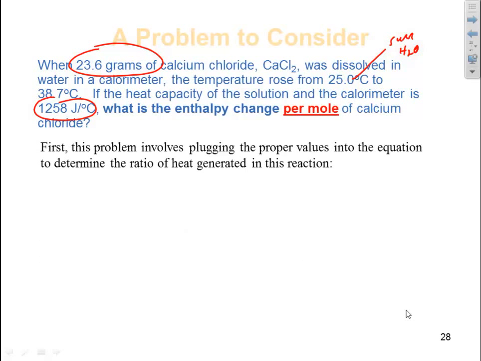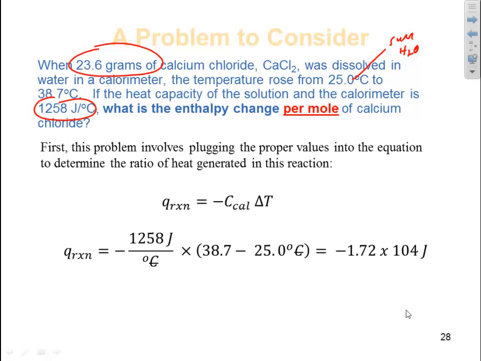First, this problem involves plugging the proper values into the equation to determine the ratio of heat generated for the reaction. So Q reaction is equal to negative C calorimeter times delta T, which is negative 1258 joules per degree C, times my temperature change. So this is my T final minus my T initial.